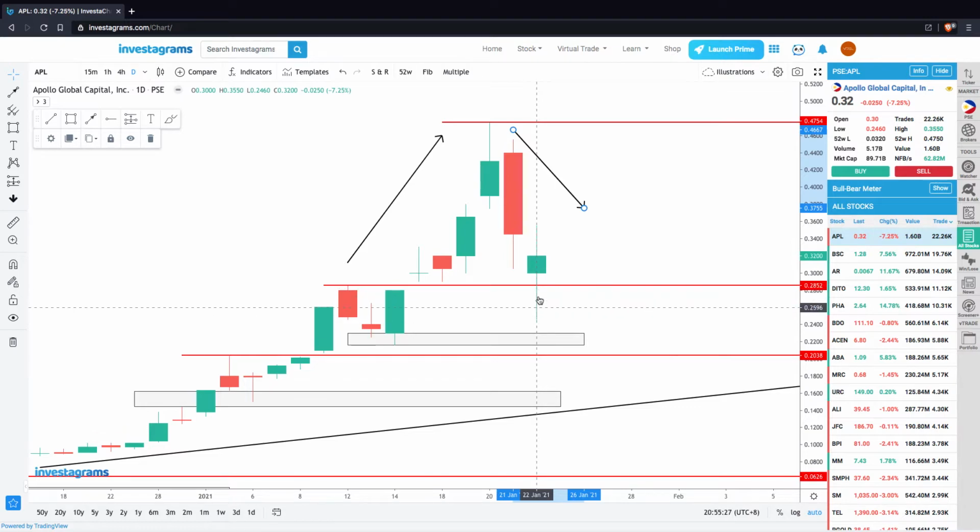This huge long wick got rejected on the downside because, as we said earlier, resistances could become support. So if prices are moving up and down, it would definitely want to test these areas of support and resistance.